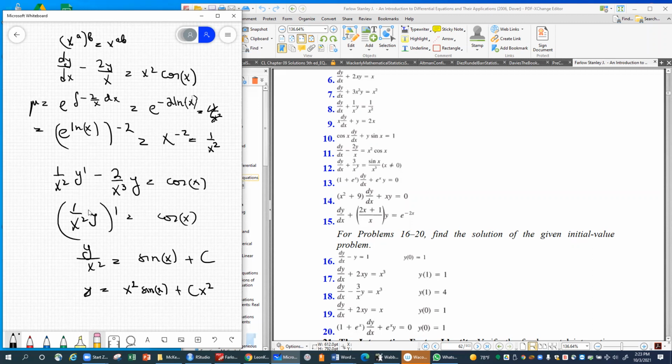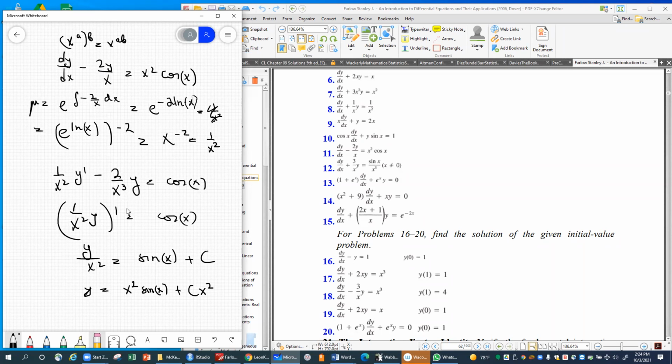No, I mean, if you take the derivative of this, it's what? 1 over x squared times y prime. What's the derivative of 1 over x squared? Minus 2 over x cubed times y untouched. Product rule. If you go backwards from here to here. So 1 over x squared is a multiplying factor. You do times y prime, which just makes it y. And then you do 1 over x squared times minus 2y over x. Yes, that's 2 over x cubed.